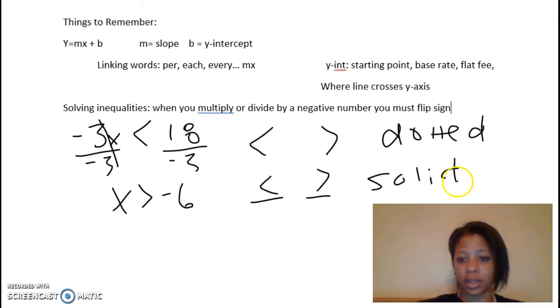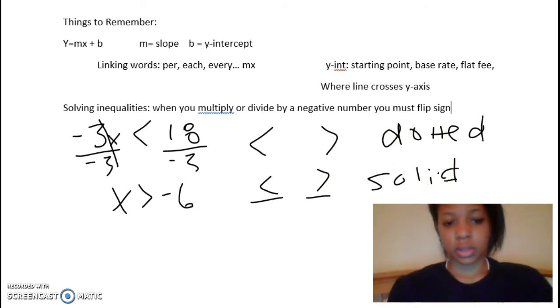That means for the dotted line, solutions can't be on your line, and for the solid line, solutions can be on your line. I wouldn't worry too much about that. The main thing is knowing y equals mx plus b. You can know that without the equal to underneath, it would be dotted, and with it, it would be solid. That may help you with some problems.